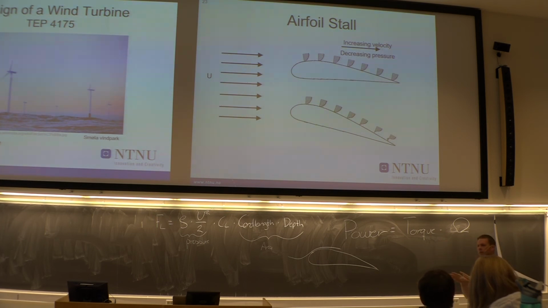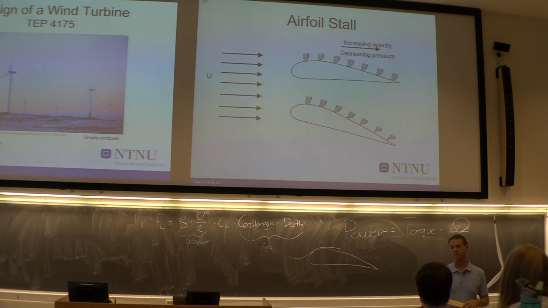Remember now that the pressure on the top of the blade is lower than the surrounding atmospheric pressure. Normally the wind would blow from the high pressure to the low pressure. This is doing the opposite. And at one point it will try to do the opposite, of course.